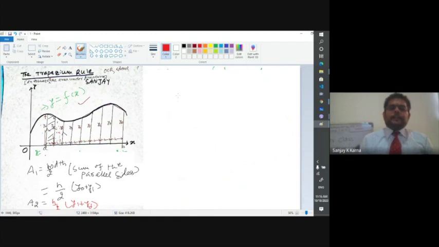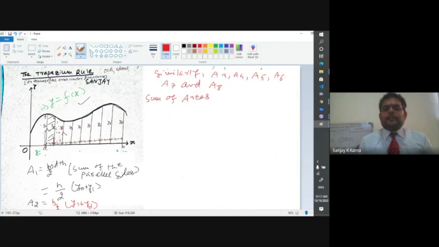Similarly, you will be able to find the area of the third strip, fourth, fifth, sixth, seventh, and also the eighth strip here. What will be the sum of the areas of all trapezium in this case?